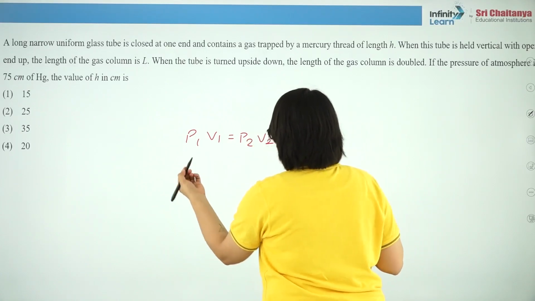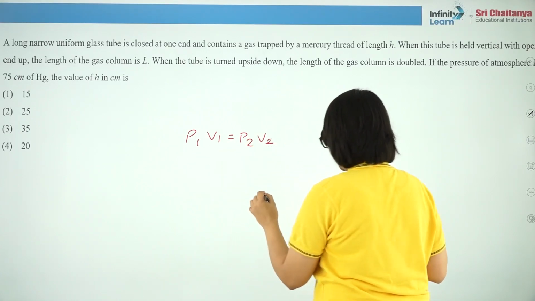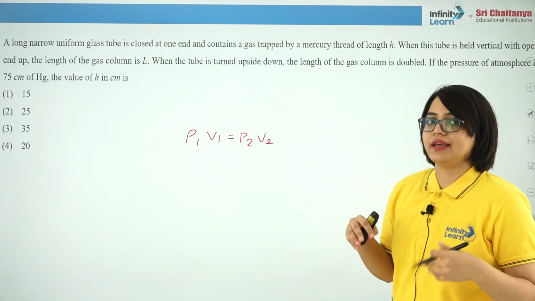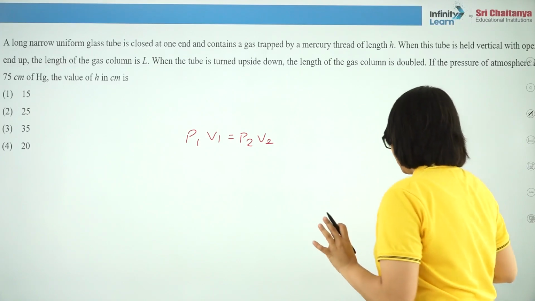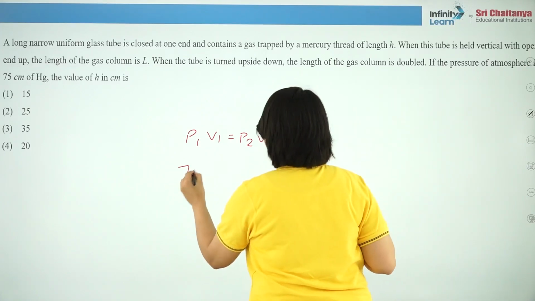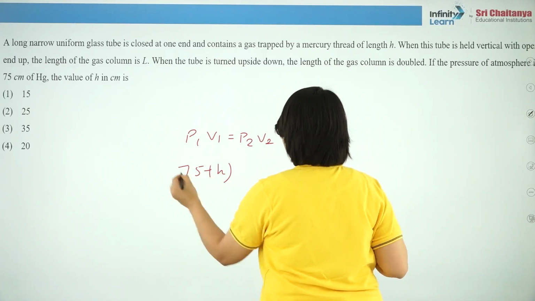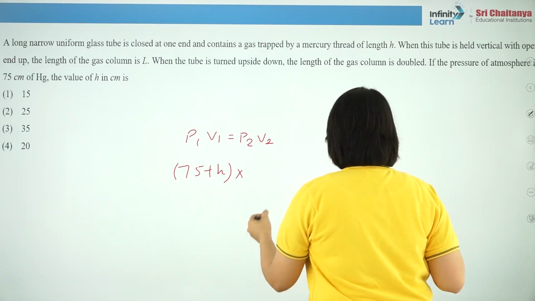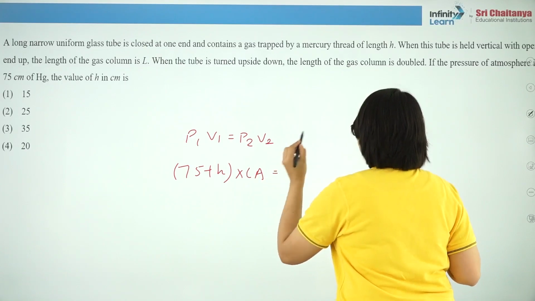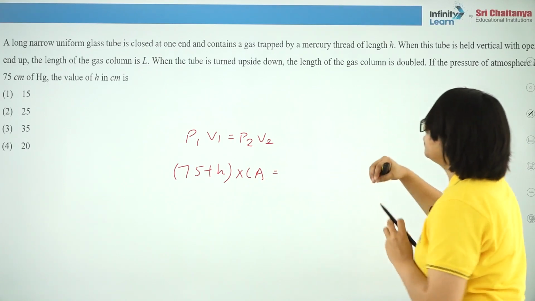So, P1 V1 is equals to P2 V2, and you can write volume as area into height in the column, right. So, it will be let us say 75 plus h centimeter of Hg as pressure, and volume is let us say La. In the second case, length of the column will be doubled.